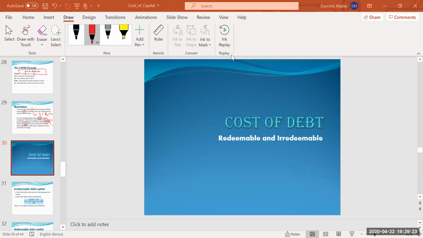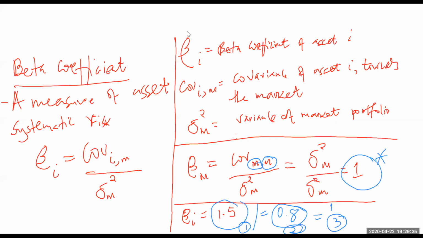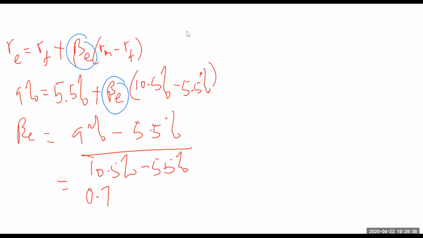So if, for example, we are dealing with bonds that are redeemable, let me go back to my board. Let me give you the easier one first: bonds that are irredeemable.